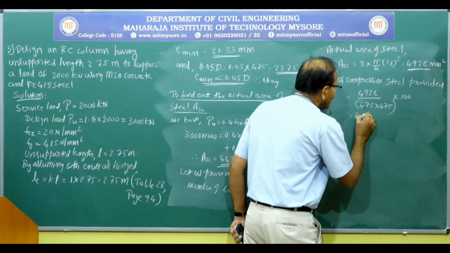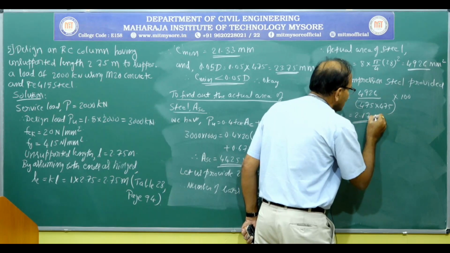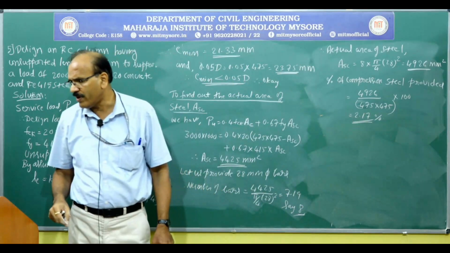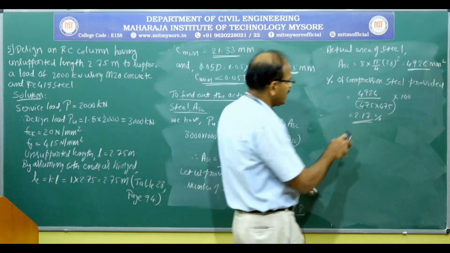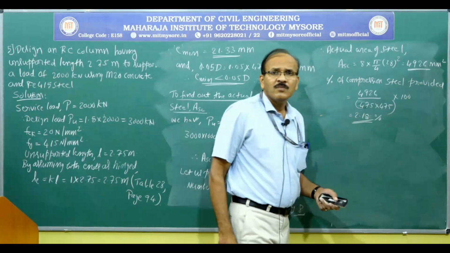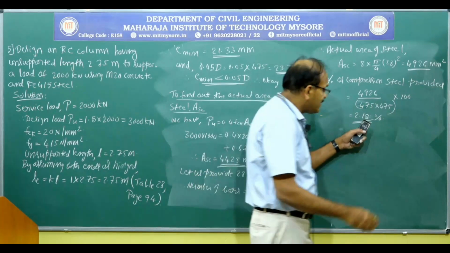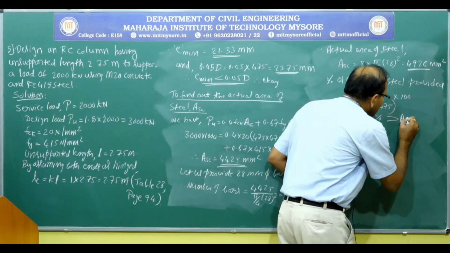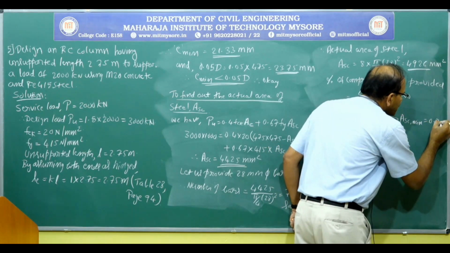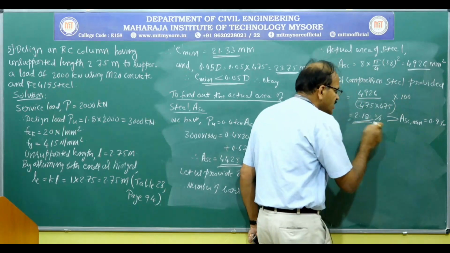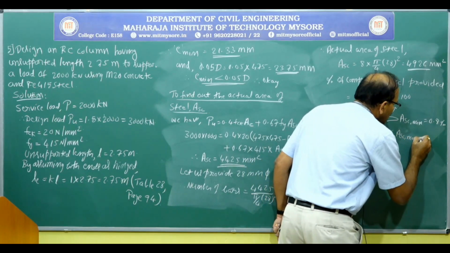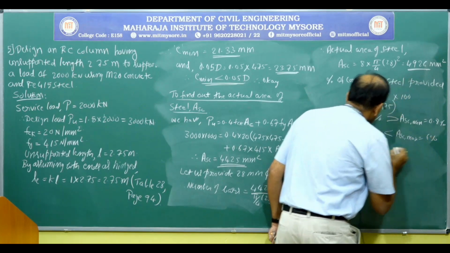That is equal to 2.17% is the actual percentage of steel we are providing. That is 2.18%, not 17, 2.18%. Okay. So this is greater than ASC minimum. That is equal to 0.8%. And again this is less than ASC maximum, that is equal to 6%.